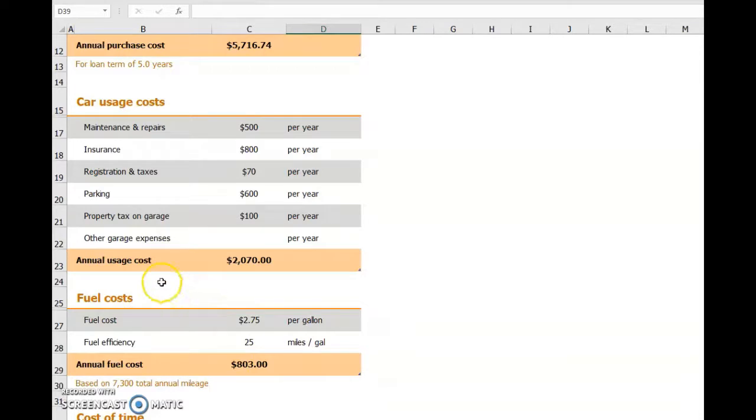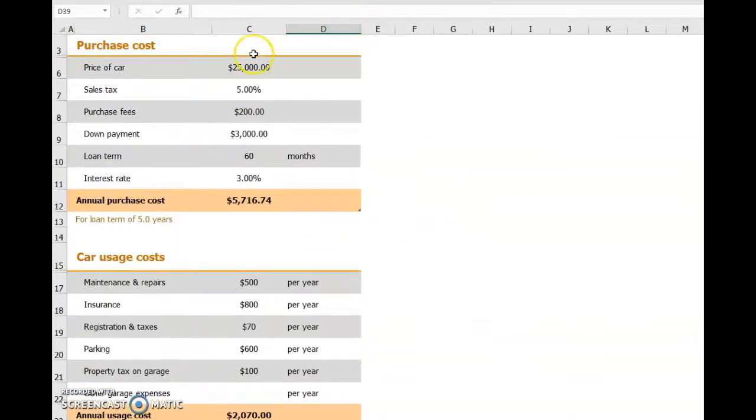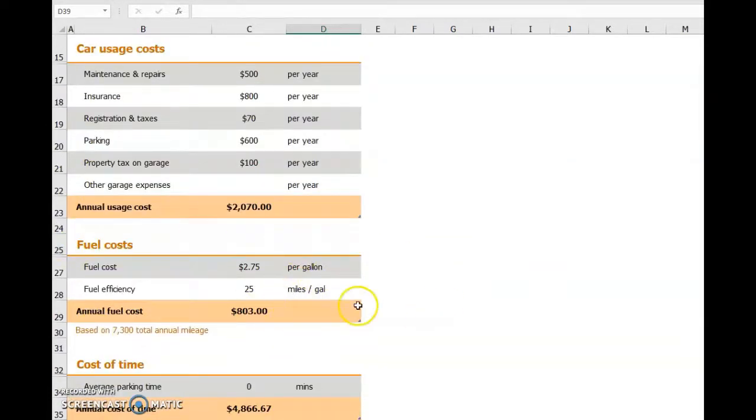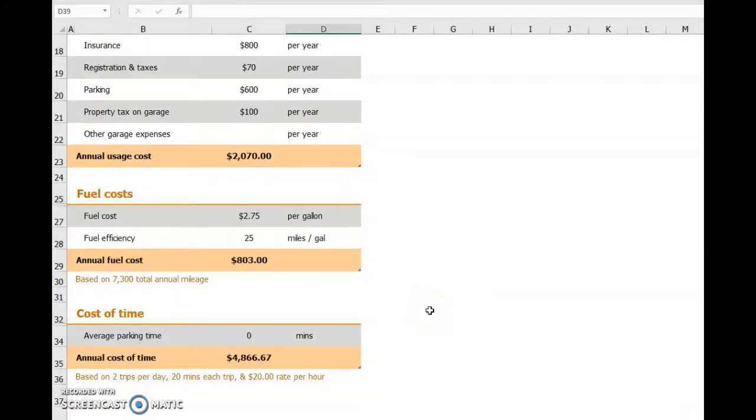Maybe you live in a rural area or you live in a suburb and you actually park in a driveway. So then those types of things won't factor in and you can eliminate those. But typically, purchasing of a car, these are things that everyone will have to pay in some way, shape, or form. Car usage, obviously, fuel costs. So think about that and make sure that you download that spreadsheet and use it when you're ready to make that big purchase.